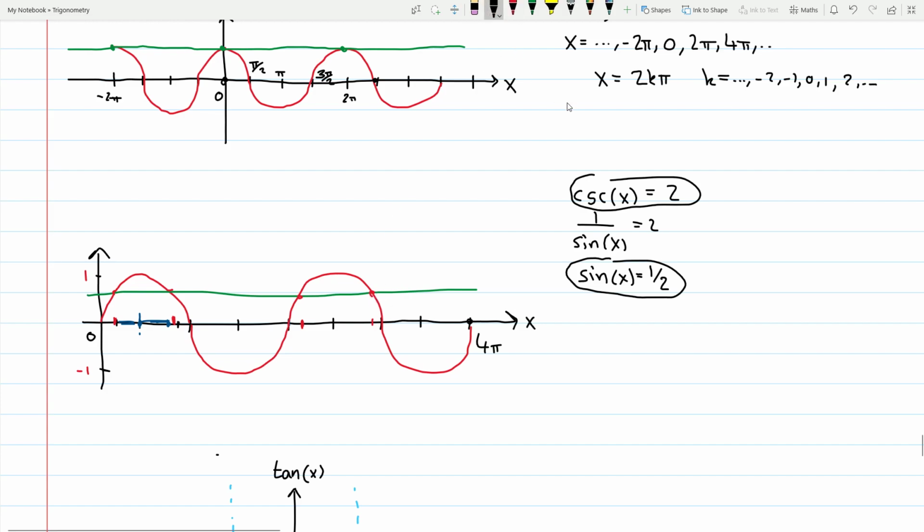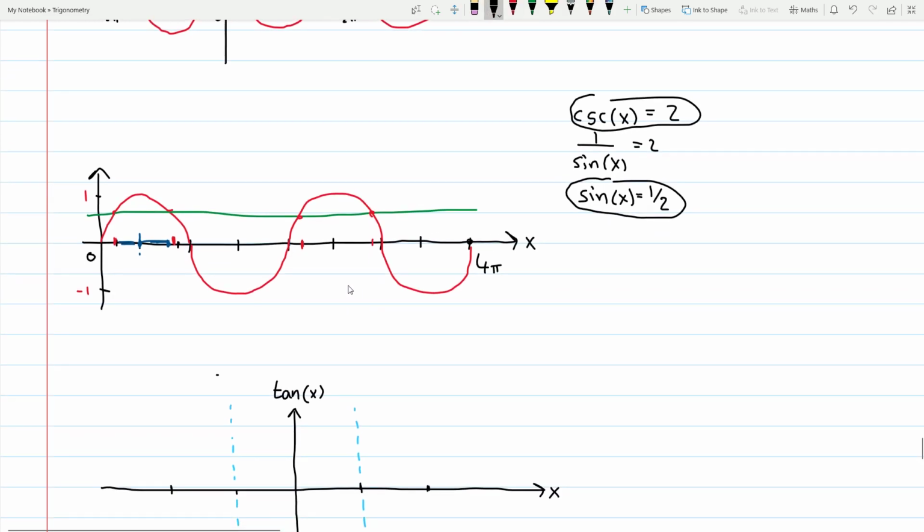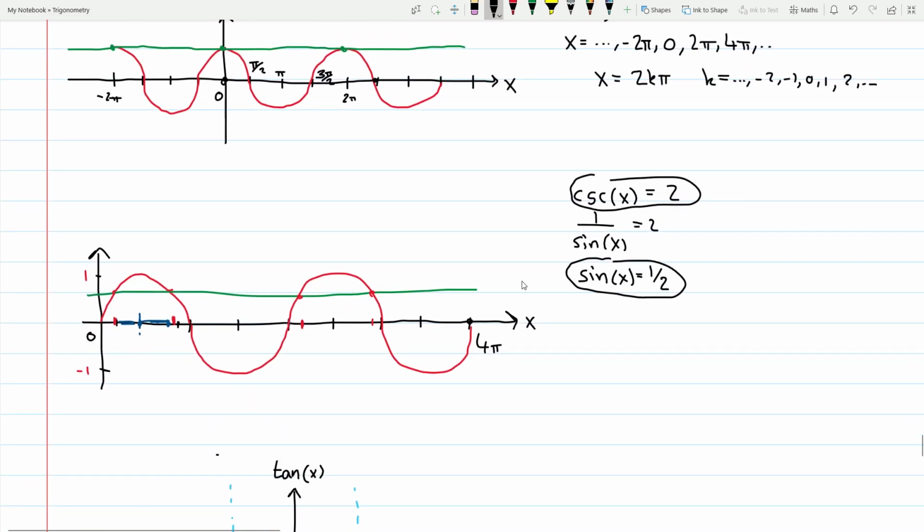So what we can do immediately to find a solution is remember that if you have a function which takes input to output, then the inverse function takes output to input. So we've already found one value of x such that this is true. This is the inverse sine of a half.